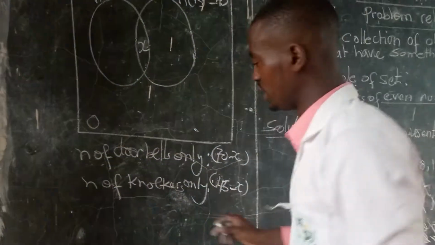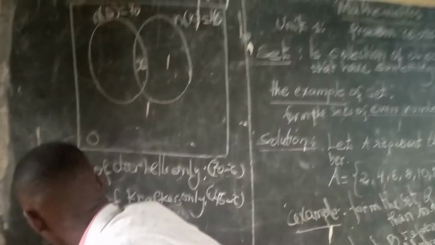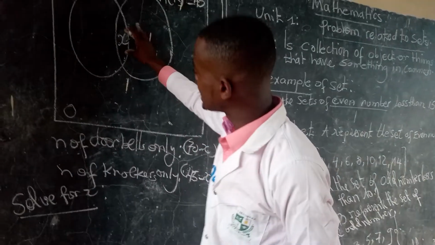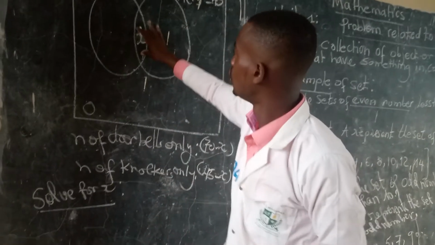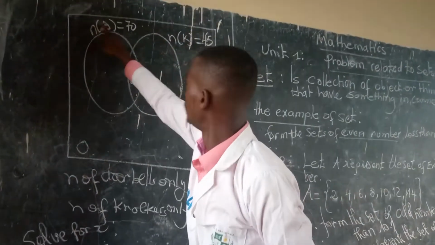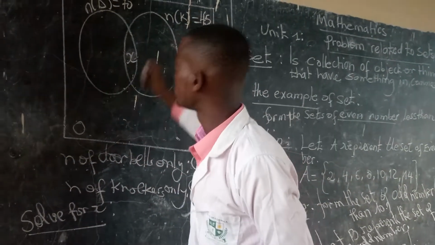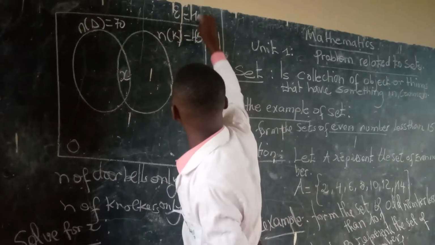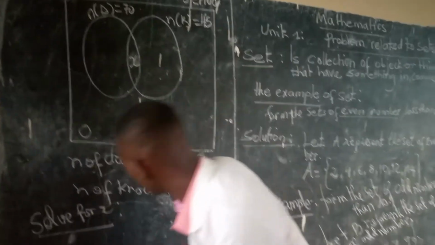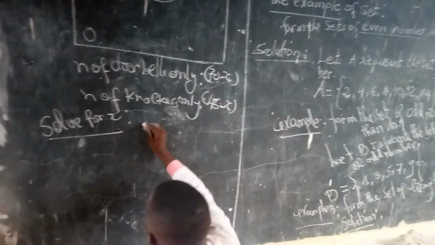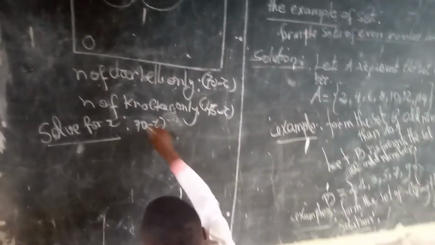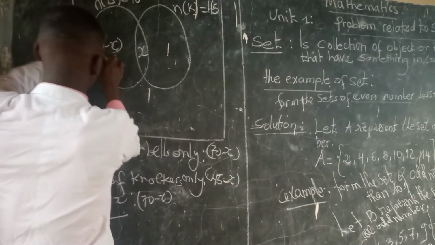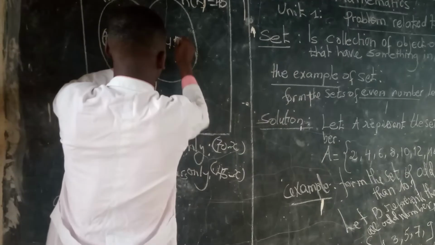So, as a solution, we need to solve for x. We need to solve for x for the purpose of getting this value of both doorbells and knockers. We need to add all with the summation of 100. So we take doorbells as 70 minus x, and here we have 45 minus x for knockers only.